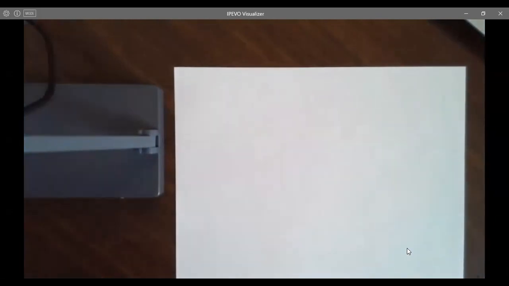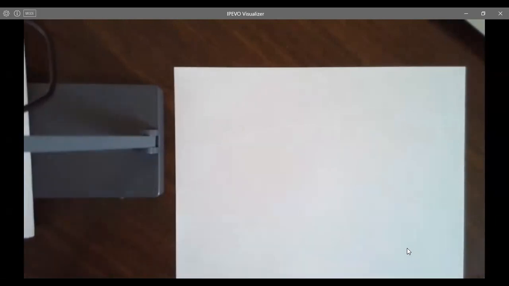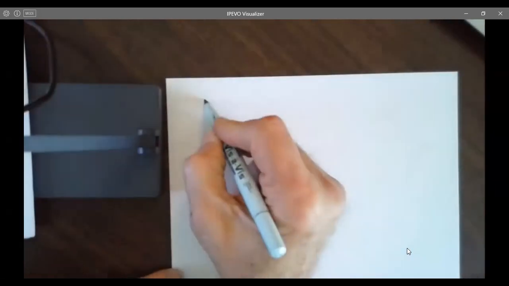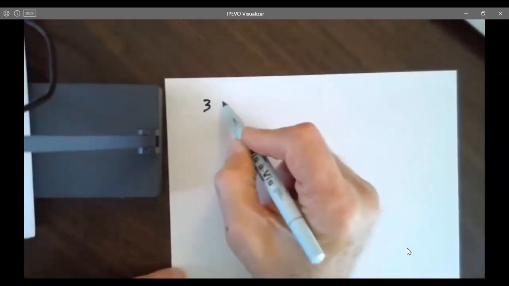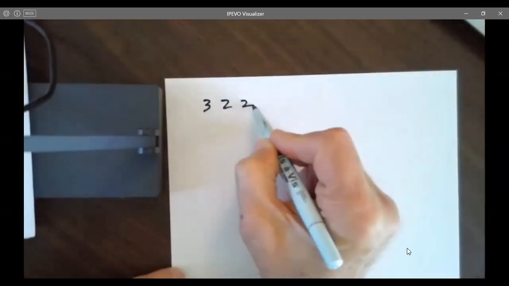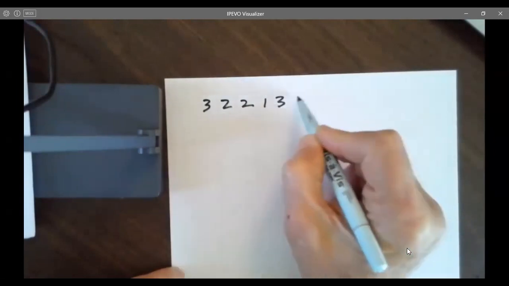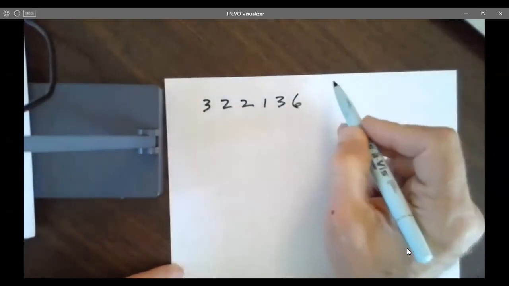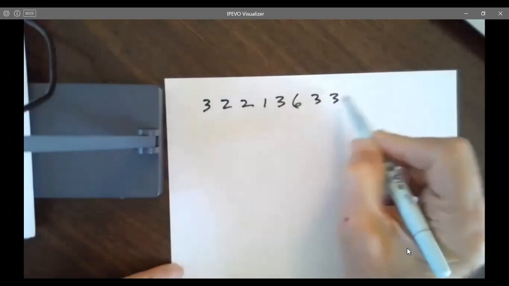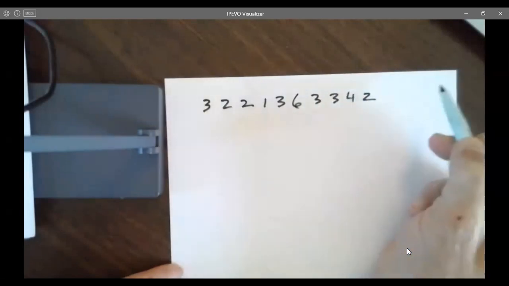If we have 10 students in a math class who were polled on the number of siblings in their families, the results were: the first student had 3 siblings, the next one had 2, 2, 1, 3, one of them had actually 6 siblings, 3, 3, 4, and 2.